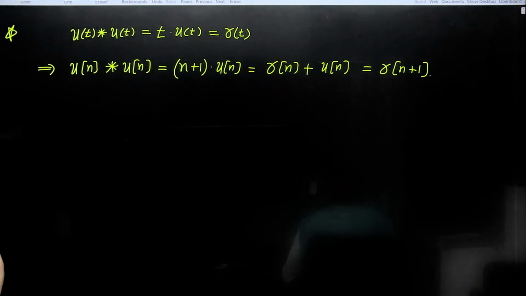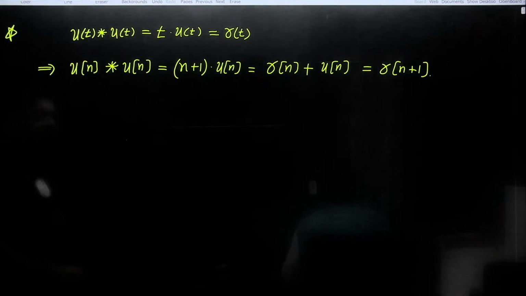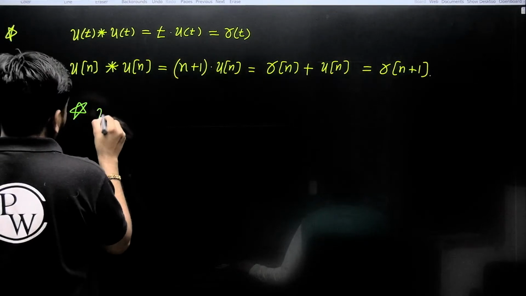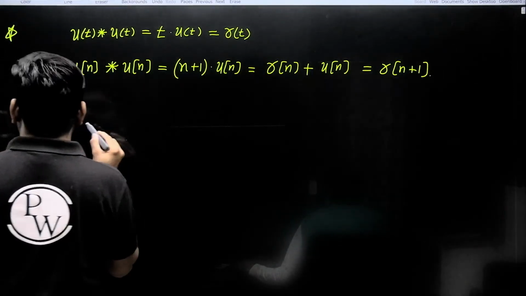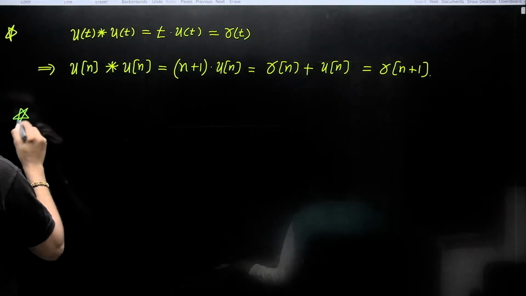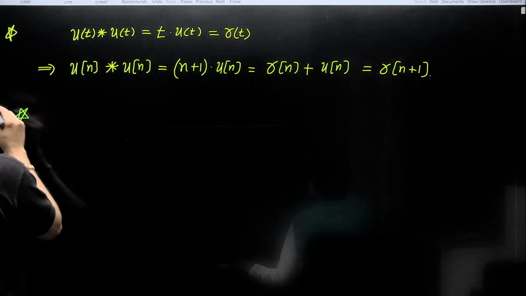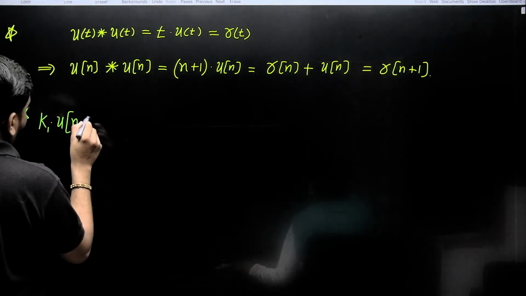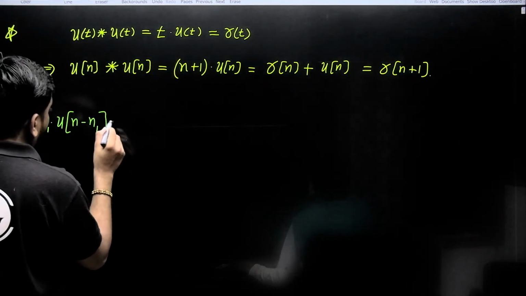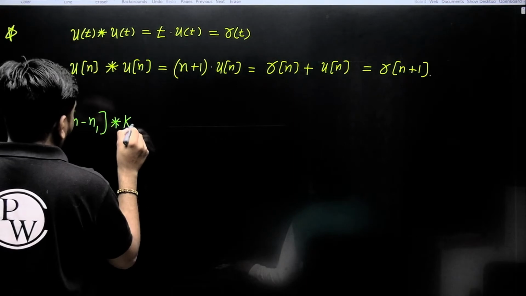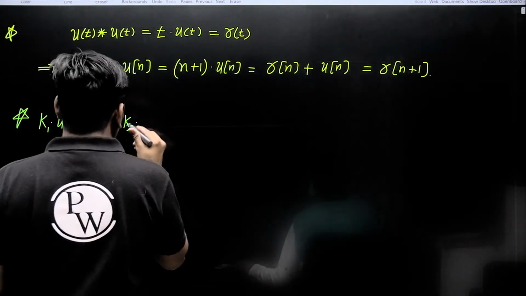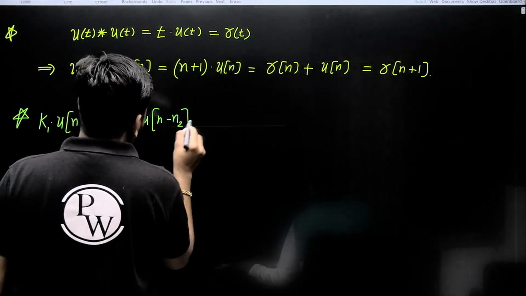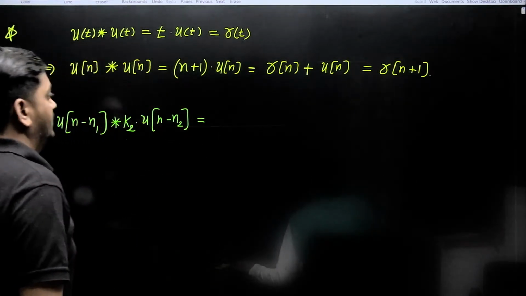MSQ type question also. Now here, the time invariant property: suppose k1 is delayed by n1, k1 of n minus n1, convolution k2 of n minus n2, which is equal to what?